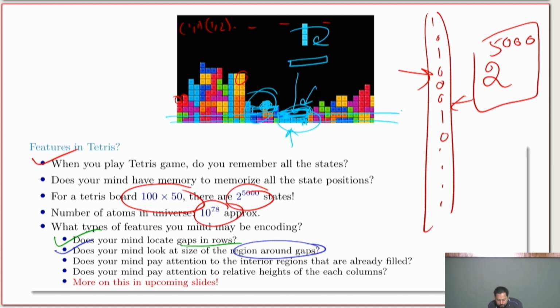So in these cases, I am looking at the relative heights of these columns as well, where I can complete the 2 rows and so on. These could be seen as features of the game, where relative height matters, where there are gaps, and so on. All these things we can ask, like what is the relative height of each column and so on.